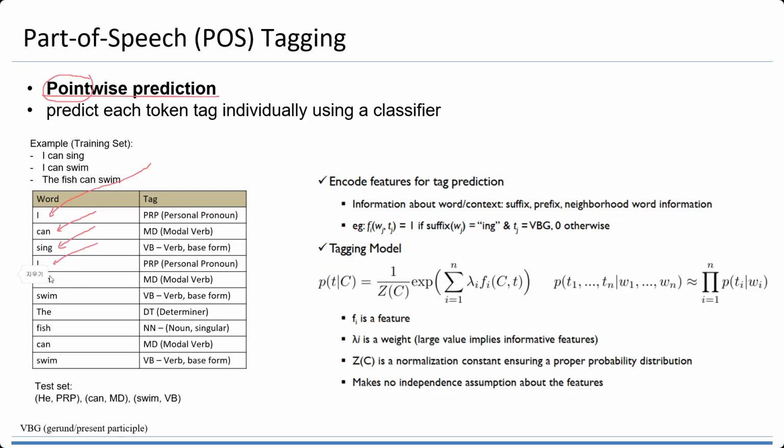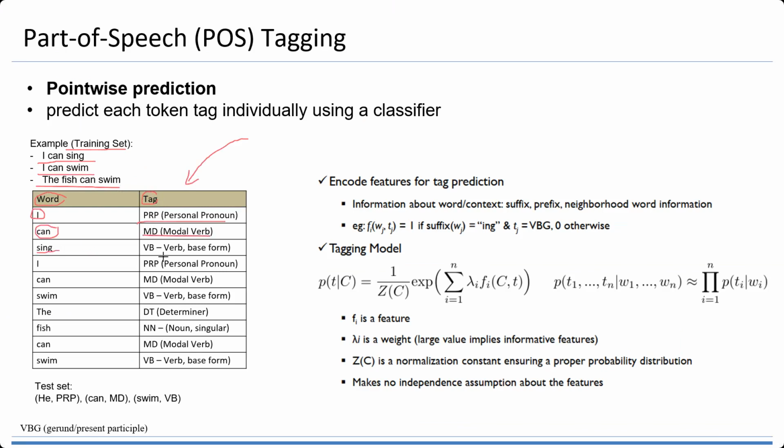So for example, I have a training set: I can sing, I can swim, the fish can swim. We need to make the data something like this. The word is I, and the tag is PRP. The word is can, and the tag is MD, modal form.